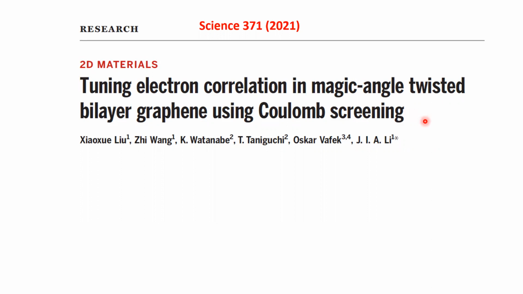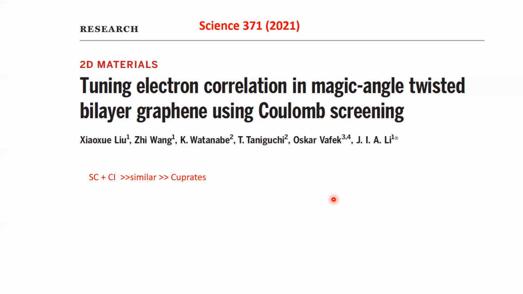So this paper is about the electronic correlation in twisted bilayer graphene. Let me start very briefly to show you the motivation behind this paper. As you might all know, in twisted bilayer graphene there is superconductivity and correlated insulators.